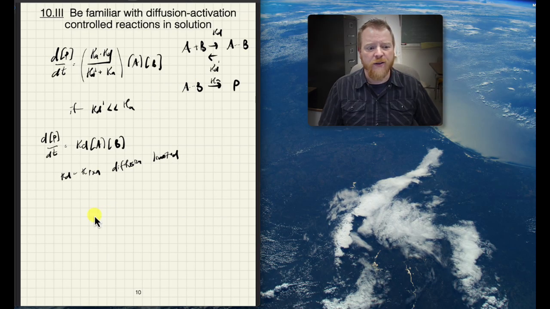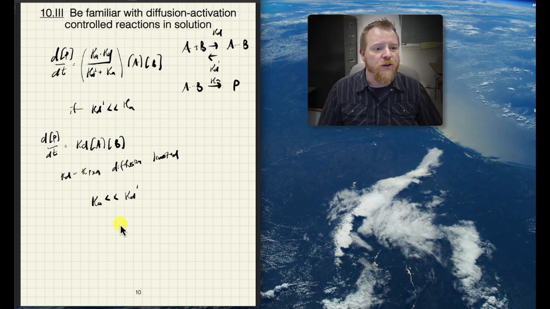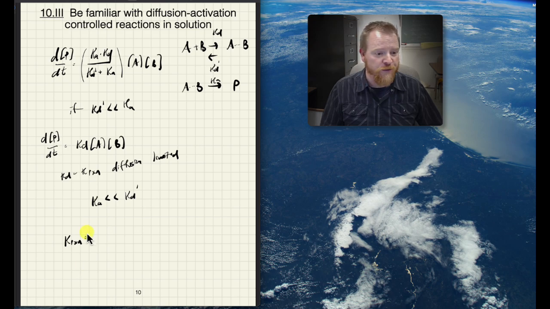So what about the other hand? So what if Ka is much, much less than Kd prime? So now just focusing in on this relationship here, if we ignore Ka, then what we're left with is the overall rate constant of the reaction equals the following.